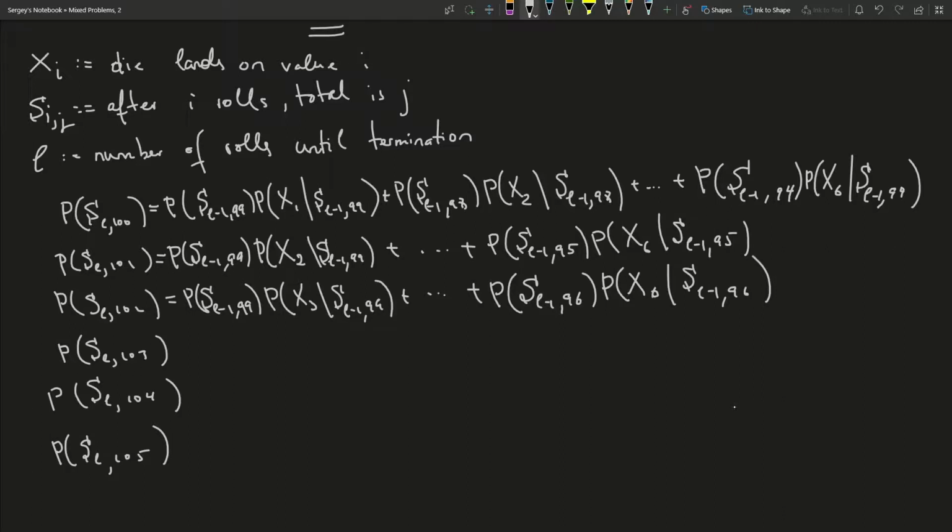So we can see, without writing the last three probabilities explicitly, that there is a pattern here.